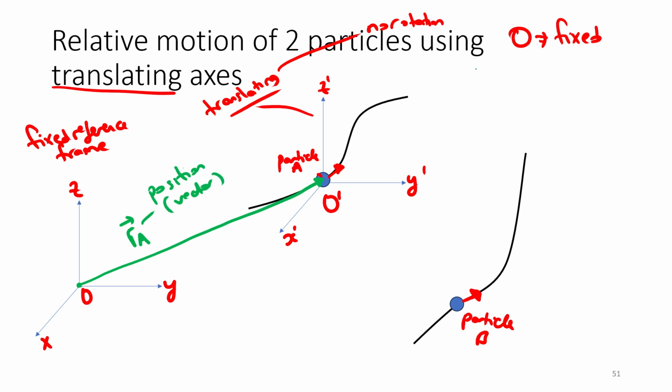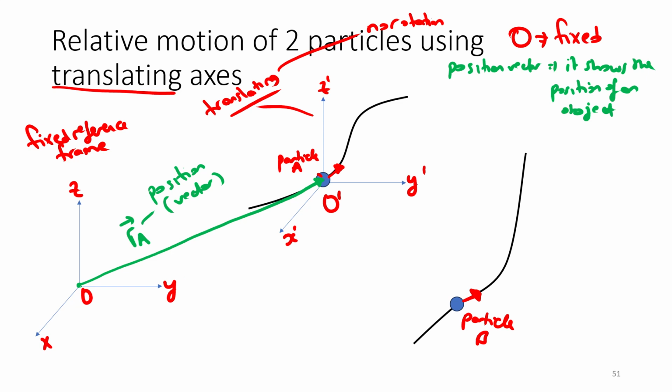So that's not a big scientific term. Let me add it here. Position vector, it shows the position of an object. And then we call it a vector because it shows the direction as well. So that's the reason we call it a position vector. It's not so big a scientific term.